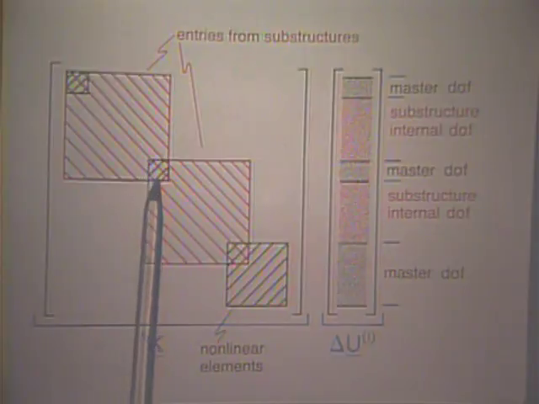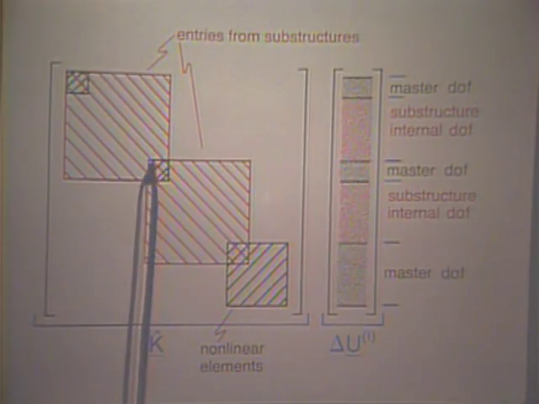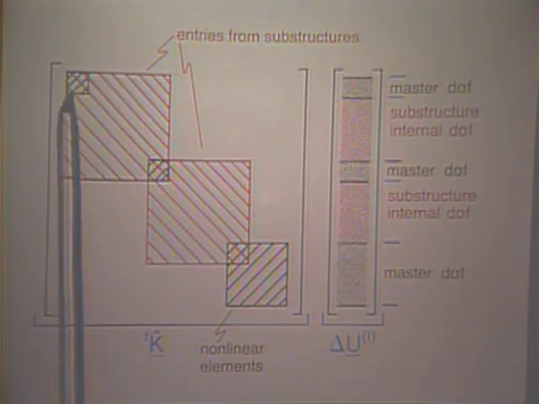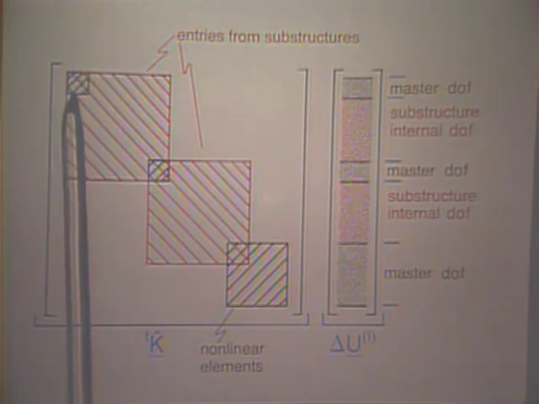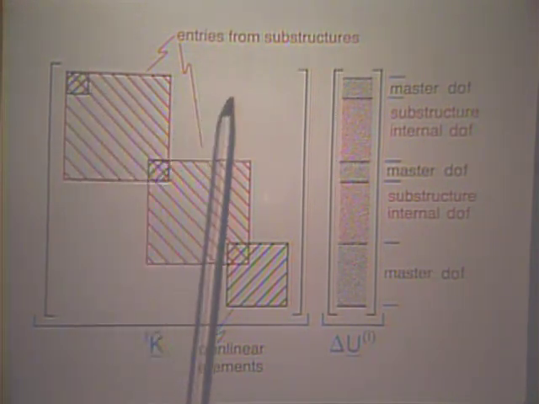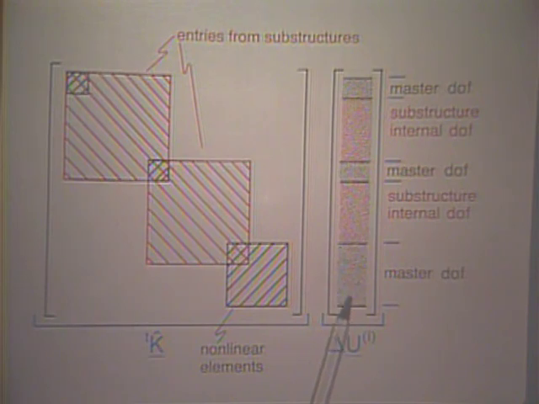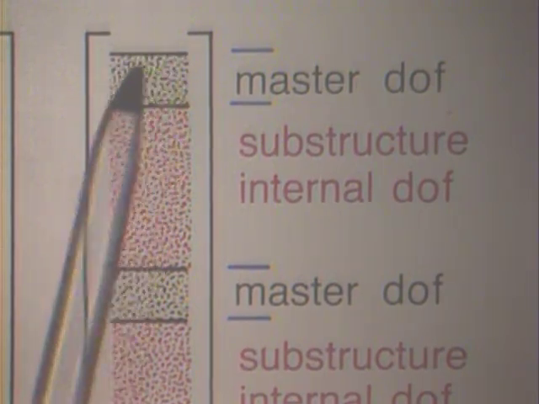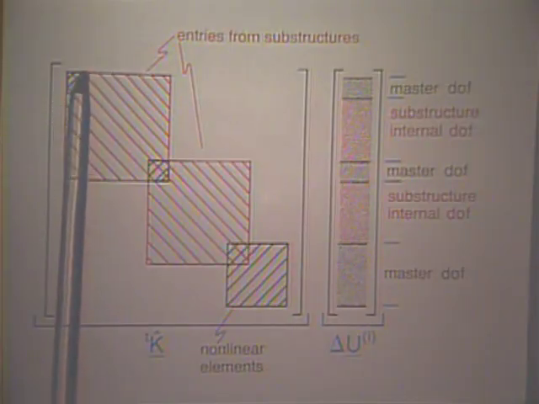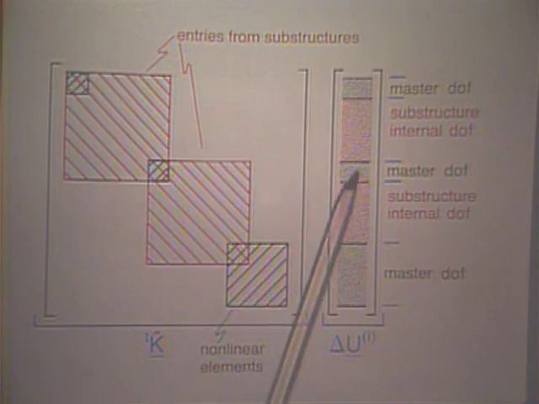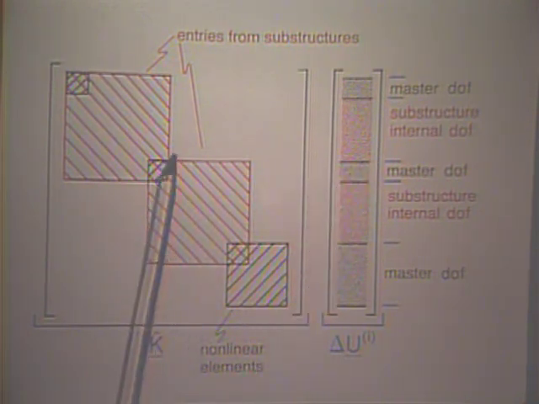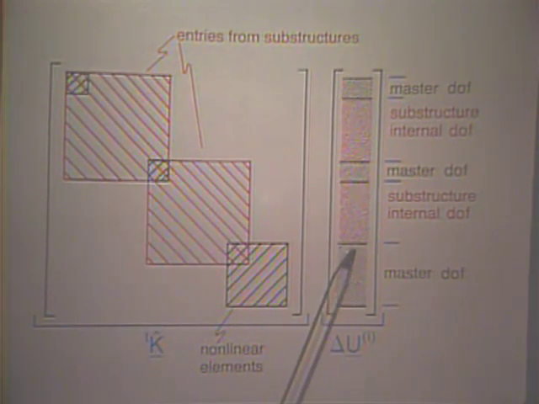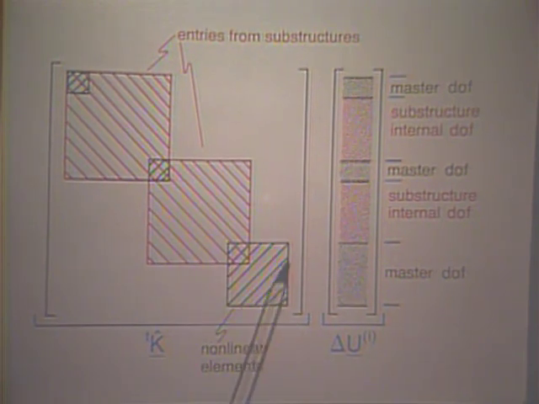Here, this coupling corresponds also to master degrees of freedom, and similarly this coupling corresponds to master degrees of freedom. Here we have the incremental displacement vector. And let's see here that these master degrees of freedom, of course, correspond to these element entries here. These master degrees of freedom correspond to these entries, and these master degrees of freedom correspond to these entries.